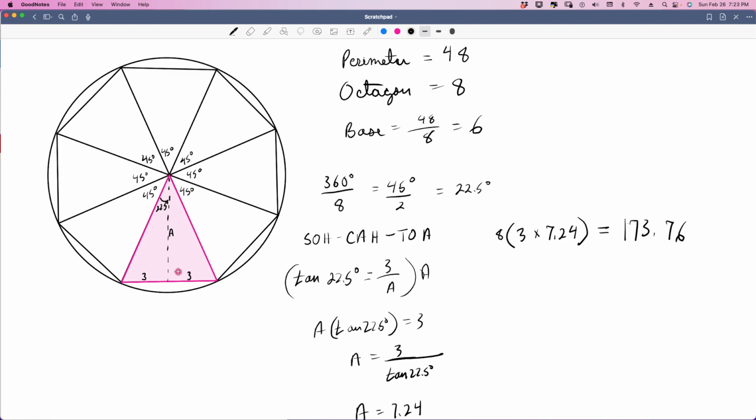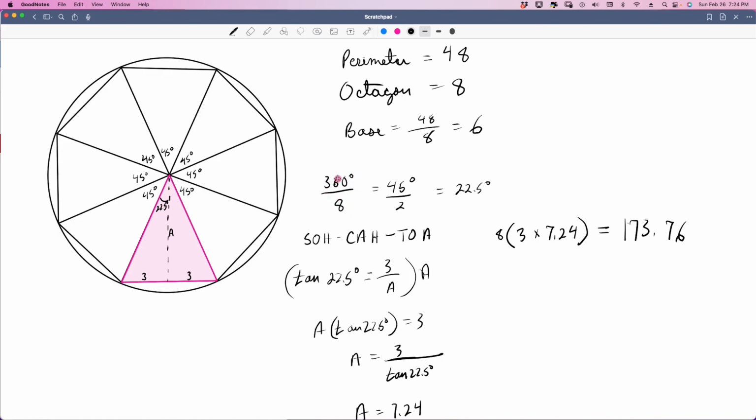But that is how you would find that. So we found the length of the base because we were told the perimeter. We knew the number of sides. We knew it's a regular octagon. So we just divided the perimeter by the number of sides and got 6 for each base, right? So then we divided that in 3 when we found our apothem. So 3 and 3 is 6. So that's already divided by 2. We also use the number of sides to determine the number of triangles in our octagon.